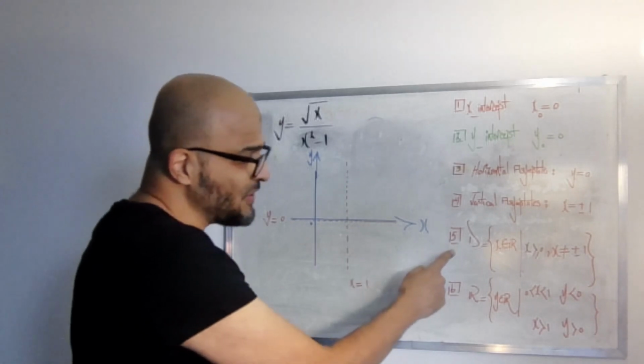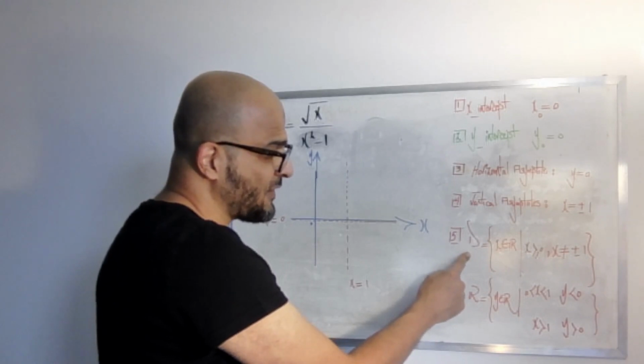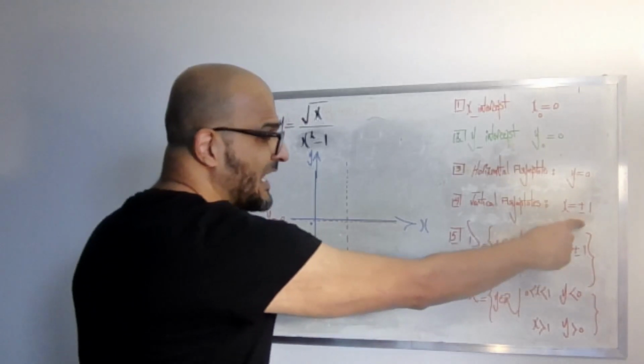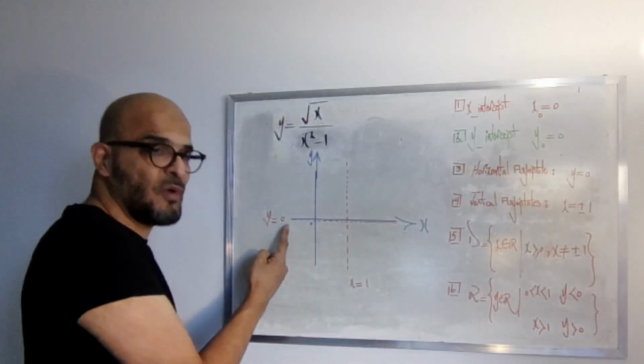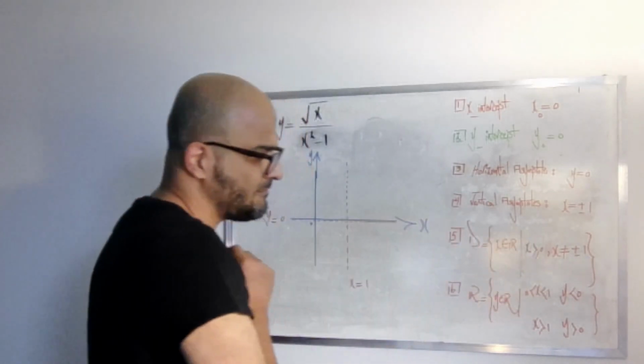But because on point number 5, we decided that the domain of the function has to be a positive number, then we cannot include x equals minus 1 as a vertical asymptote yet. Take a note here.